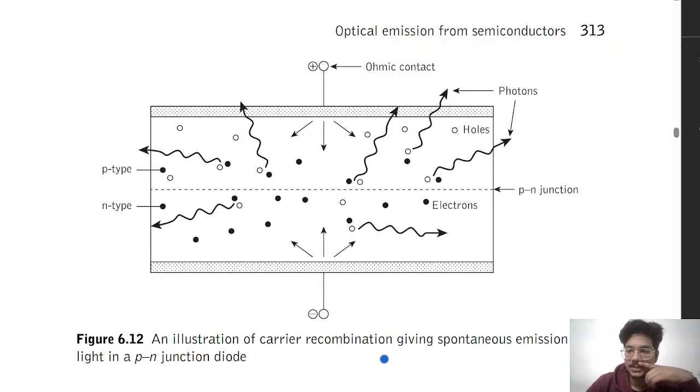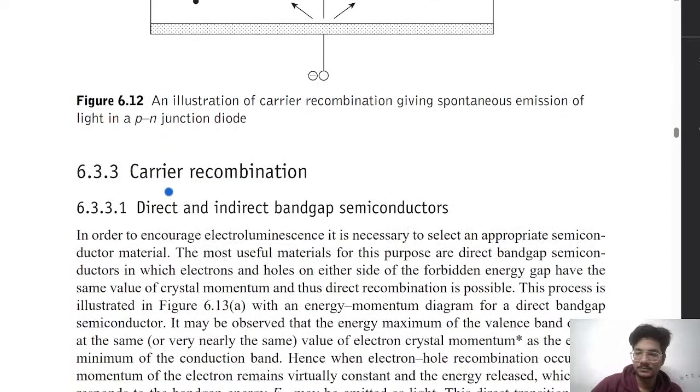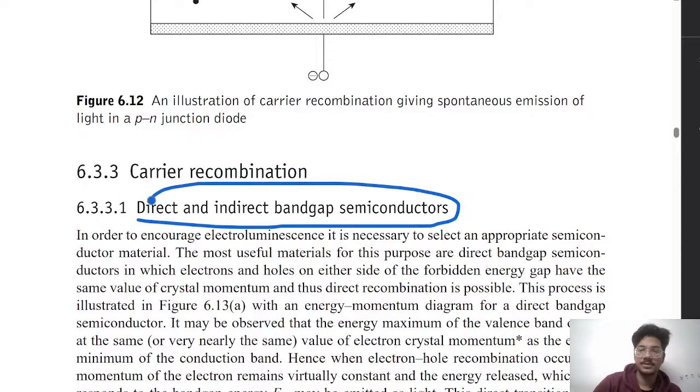Where is the light generated? Nearly at the junction, where most of the recombination happens, but the carriers also diffuse away and recombine anywhere. Thus the emission area is spread over a small region across the junction. After that, we have to understand direct and indirect semiconductors. So we will do that in the next lecture.